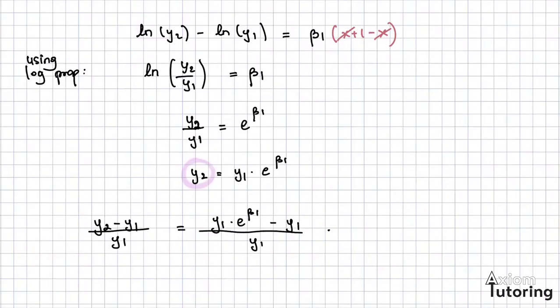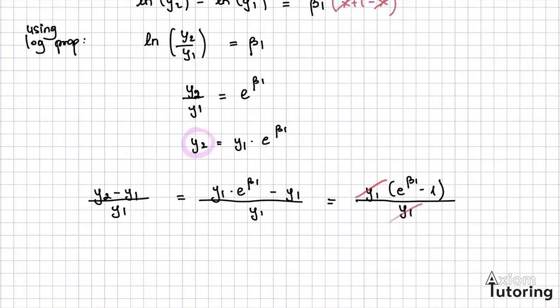And if you factorize the y1, you're going to be left with y1 times e to the power beta 1 minus 1, divided by y1, where y1 cancels out, which means that you'll be left with simply e to the power beta 1 minus 1. Now, this is just the change, so if you wanted the percentage change, you'd have to multiply this by 100%.